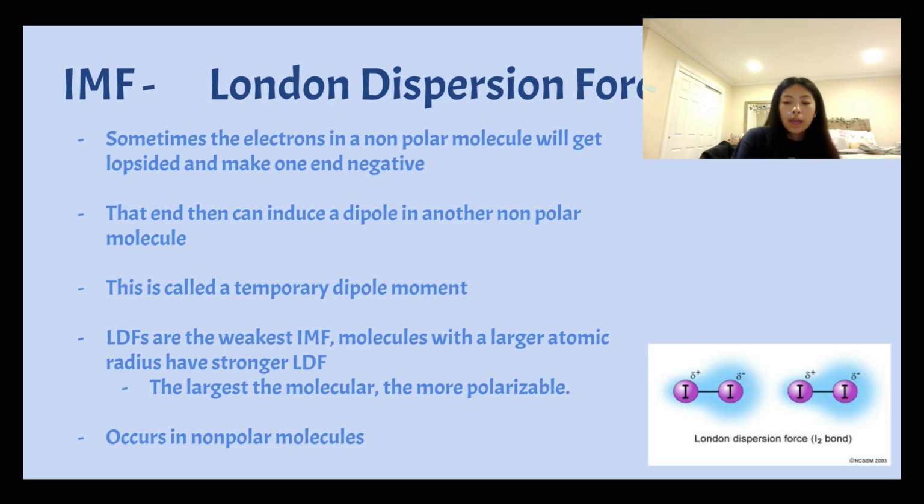You'll see these are both London dispersion forces since they're both nonpolar, so you look at the atomic radius, and whichever one has a greater mass, a greater atomic radius, or greater molar mass will be your stronger IMF. So London dispersion forces occur in nonpolar molecules.